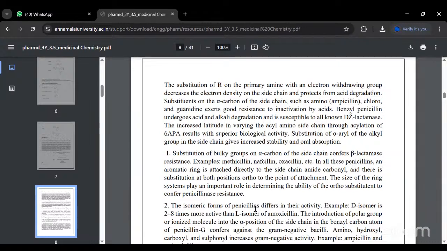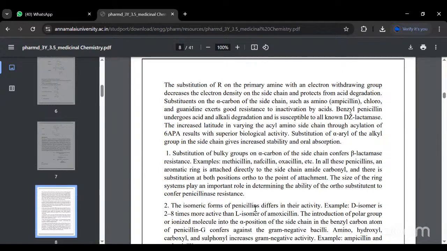These are the isomeric forms of the penicillin, and the isomeric forms of a penicillin differ in their activity. For example, the D isomer of amoxicillin is 28 times more active than the L isomer.